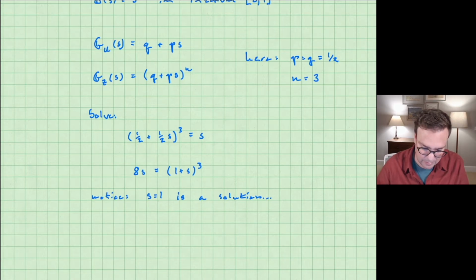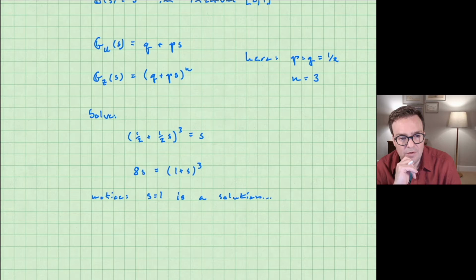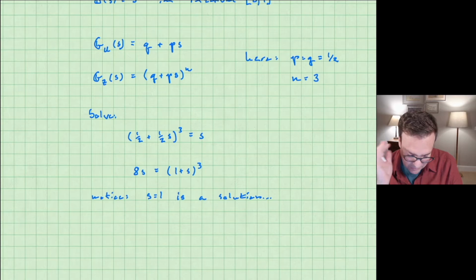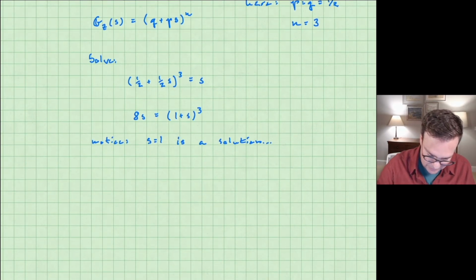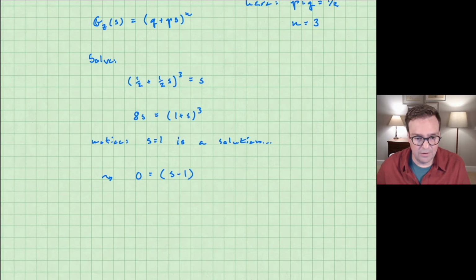Right, so if you go back up here, just look there. If Q and P are both 1/2, then if you put S equals 1, you get G of 1 is equal to 1/2 plus 1/2, which is 1 to the nth power, so that's 1. And so S equals 1 is a solution in this case. And therefore, we can write this as the following. So we can write 0 is equal to s minus 1 multiplying some stuff.